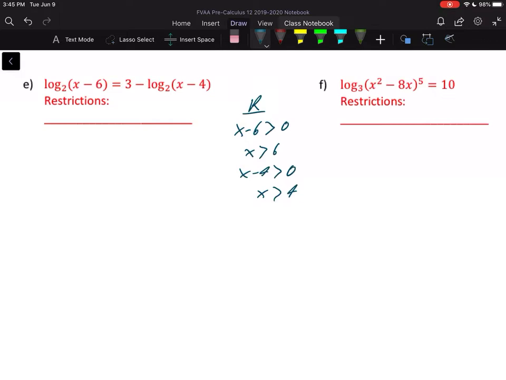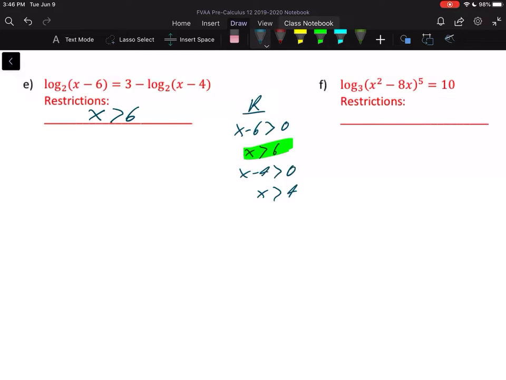Well, you could be 5 and go on the roller coaster, and so x is greater than 4 is less exclusive than x is greater than 6, and so this would be my restriction, the most exclusive one. The most restrictive restriction is the one that you want to go off of, okay? Because if it satisfies the most restrictive restriction, then it satisfies both restrictions automatically.